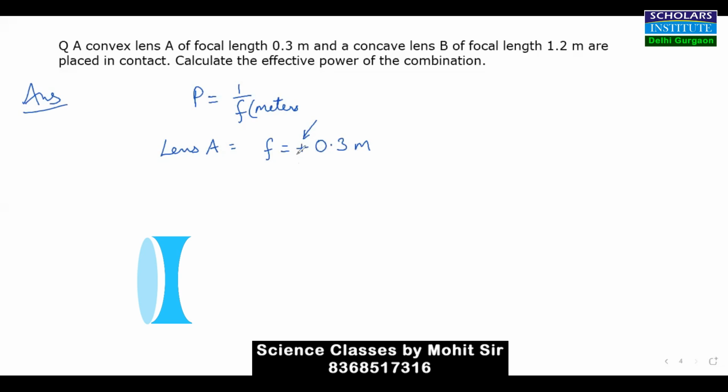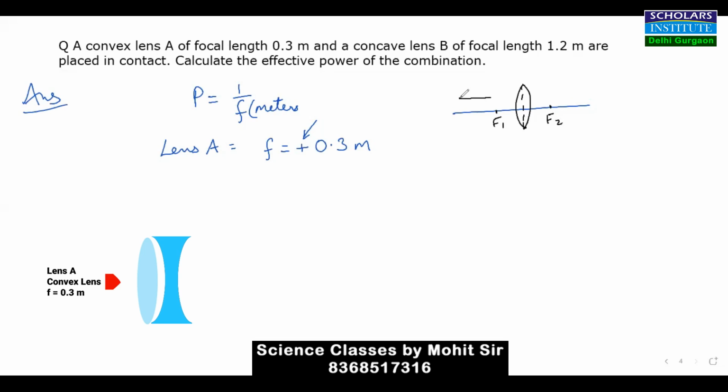Why have I put plus here? Let us see. Let me make a convex lens. This is a convex lens, as you may be aware. It has two foci, F1 and F2.